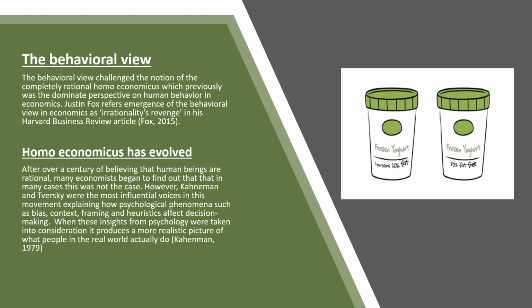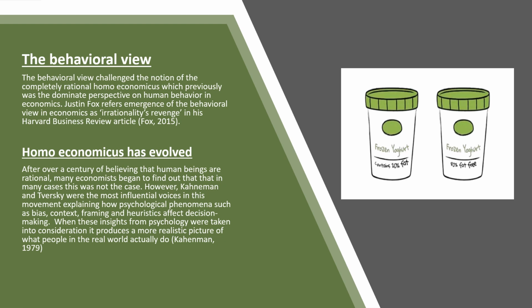So I think we all like the idea that human beings are completely rational and make their decisions based only on the evidence. But we know that things like framing, for instance, in this picture, frozen yogurt contains 10% fat, or frozen yogurt is 90% fat free.